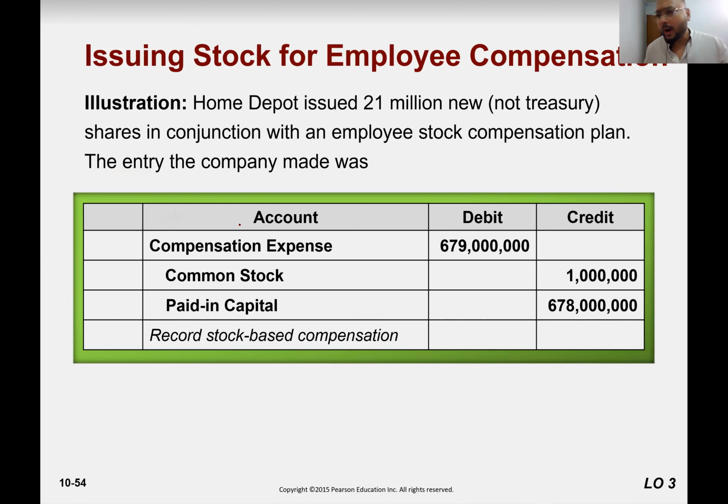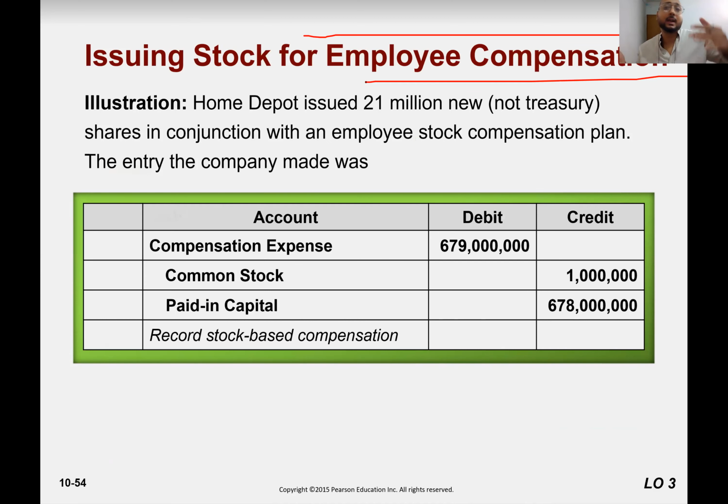Now, what if we issue shares for employee compensation? Remember, employee compensation, like our legal fees, is our expense. So employee compensation to common stock to paid in capital, if there is any paid in capital in excess of par. So here, Home Depot issued 21 million new shares.